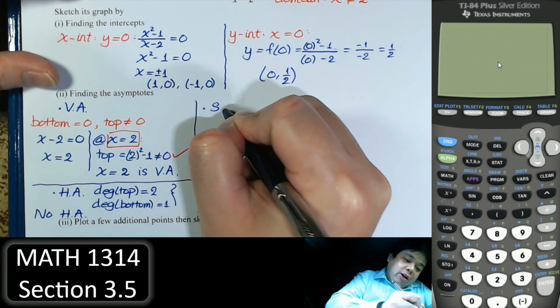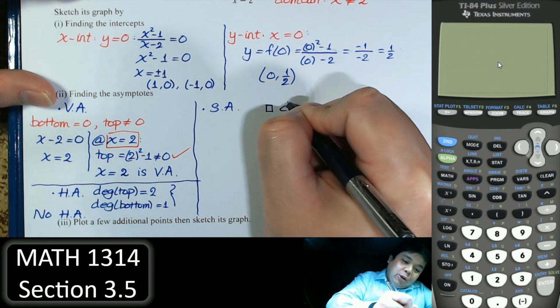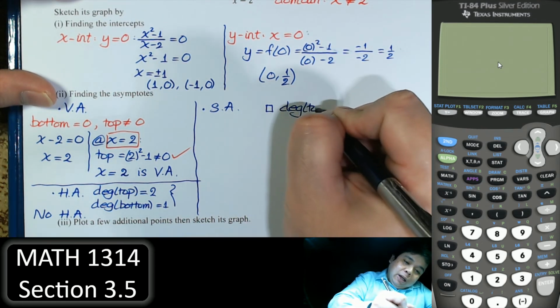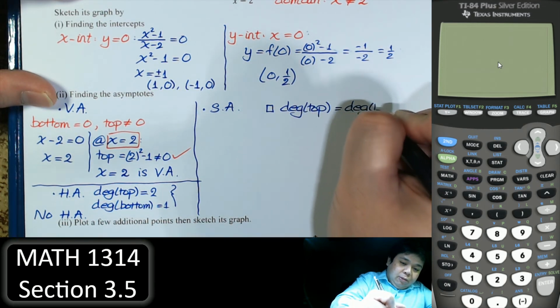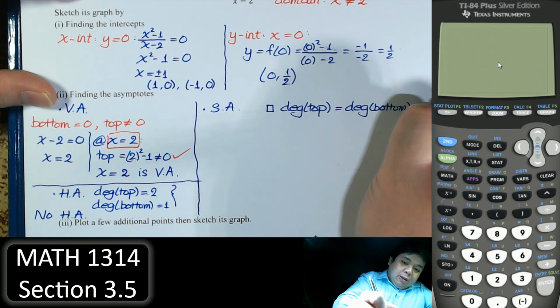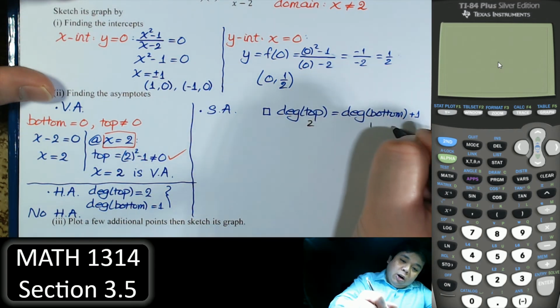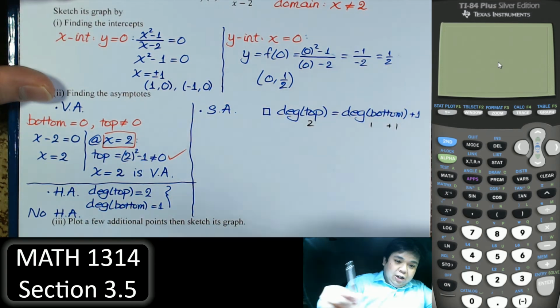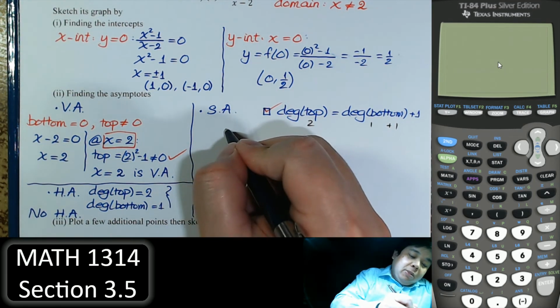Right, now we find the slant asymptote. We need to check two things. Is degree on top 1 more than the bottom? Degree on top is 2, degree on bottom is 1. Yes, so that's check. If that is the case, just go ahead and divide them.